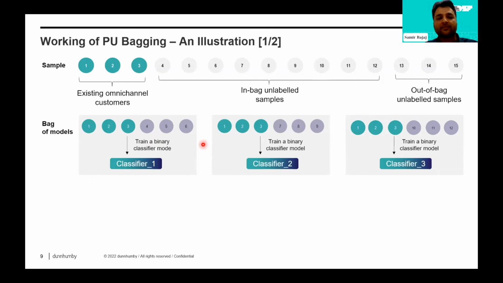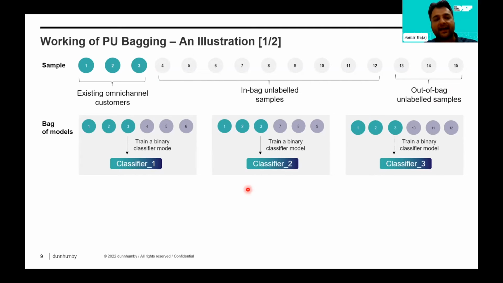Theoretically speaking, from these 9 customers, customers 4 to 12, we can sample 84 unique combinations of customers. So we can create a bag of 84 models. And here I just want to emphasize that right now, no model has seen these out-of-bag samples, which are customers 13, 14, and 15.